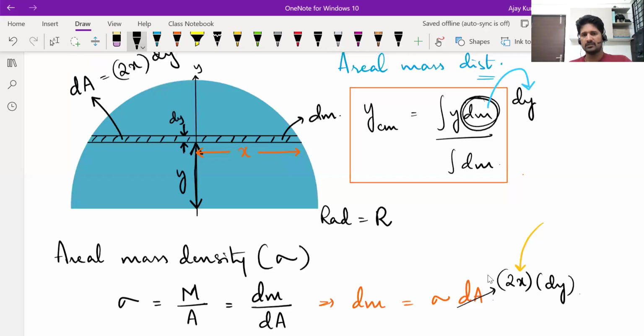Can you write an equation which involves both x and y? Okay, I'll give you a hint. x and y are related by the radius. Think about it.